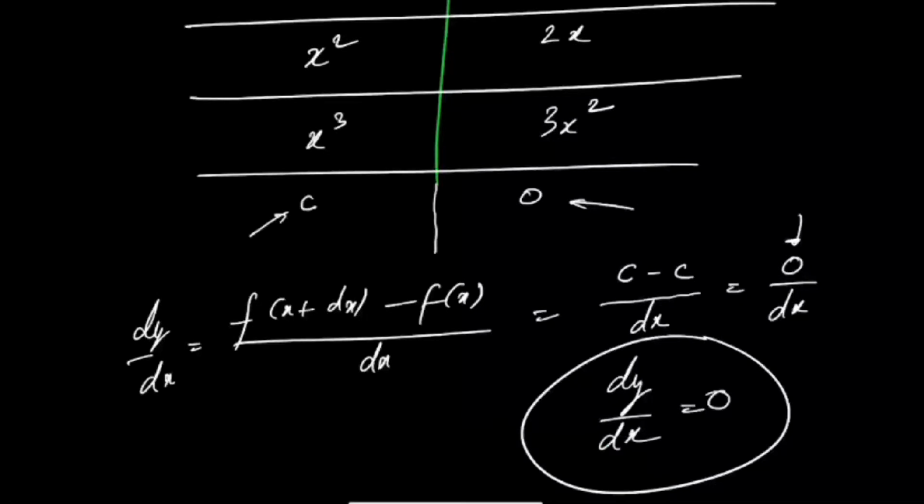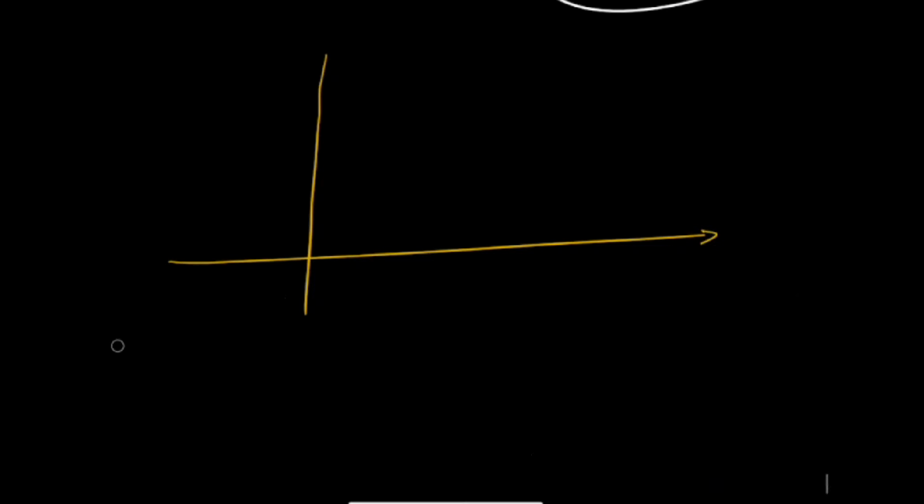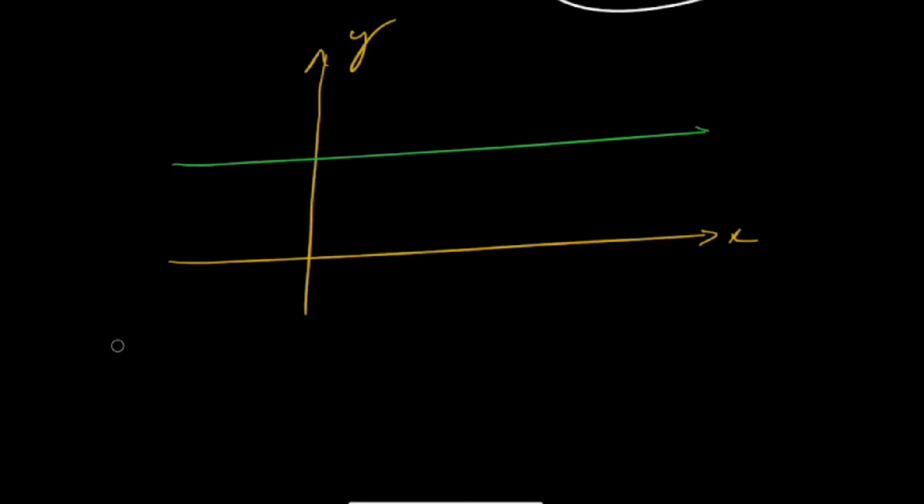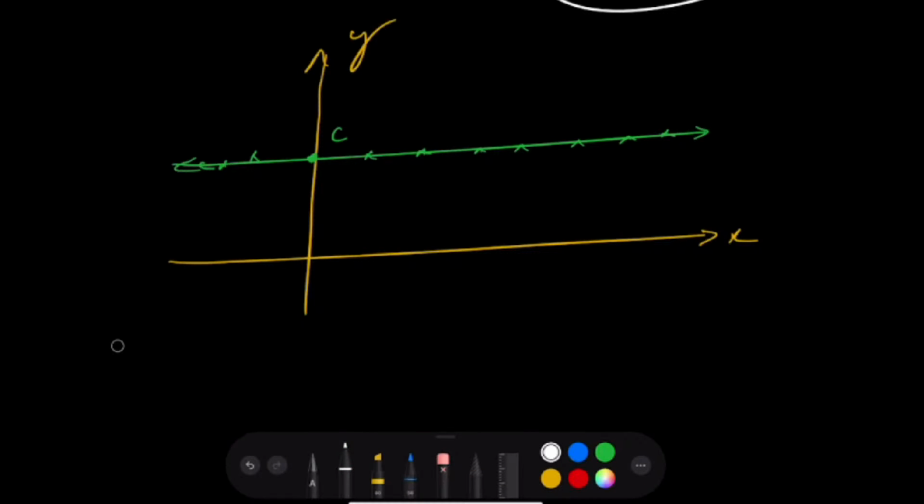Graphically, if you see, how will be the plot of a constant function? This is the x-axis and this is the y-axis. If I plot this function, it will be something like this. And its value will be c. Everywhere value is c. For any value of x, value is c. Now, what is the derivative? Derivative is nothing but slope.